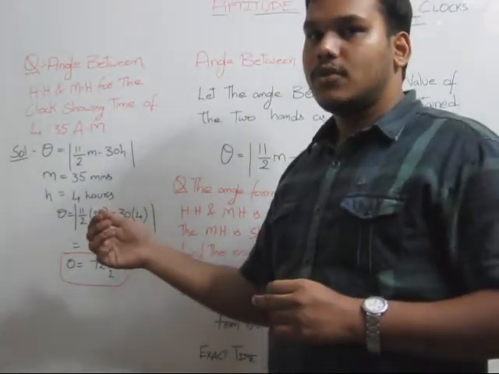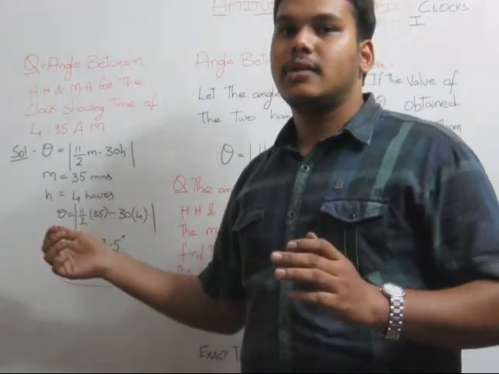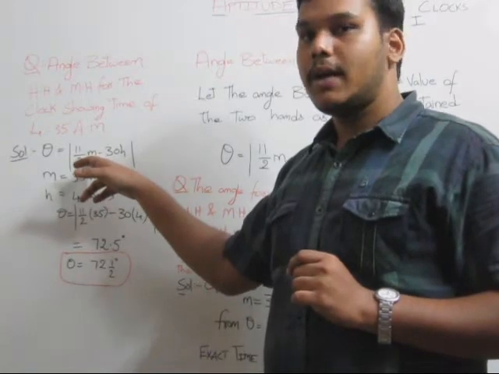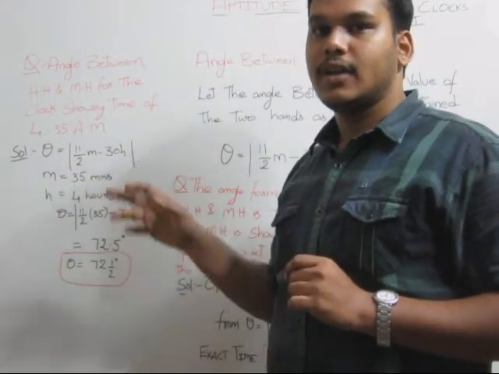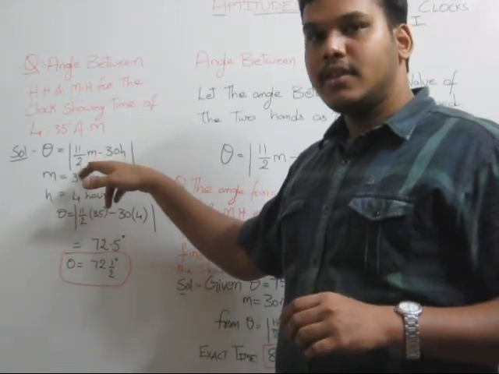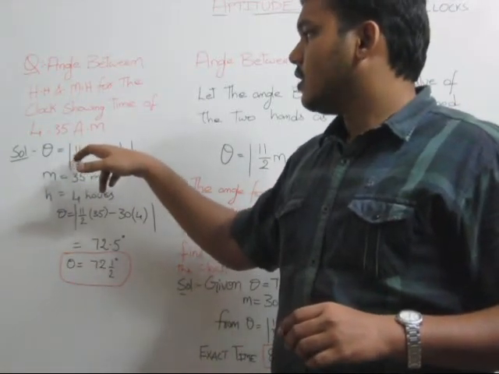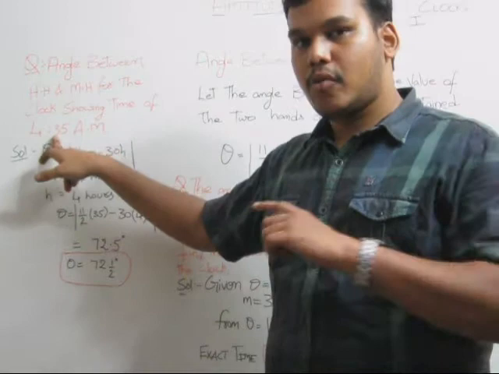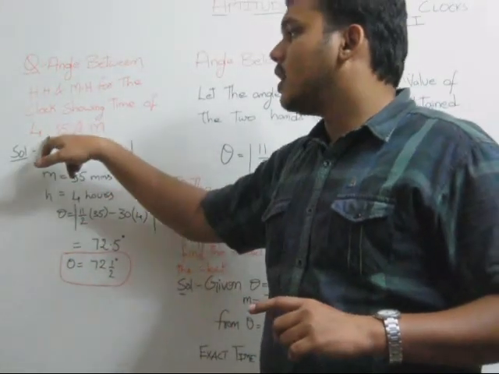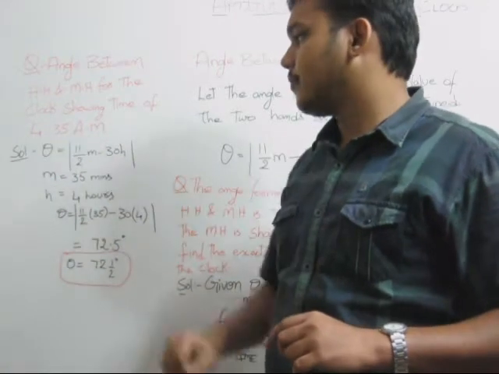We already know the formula: theta equal to 11 by 2 m minus 30h. As I already told you, m in this formula represents the minutes given in the problem, and h represents the hours given in the problem.